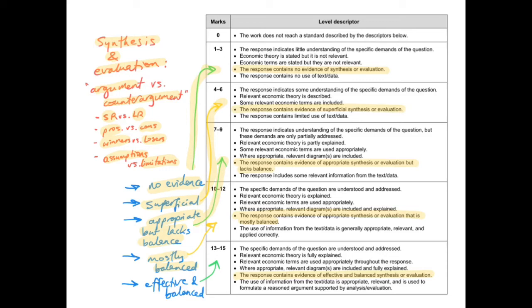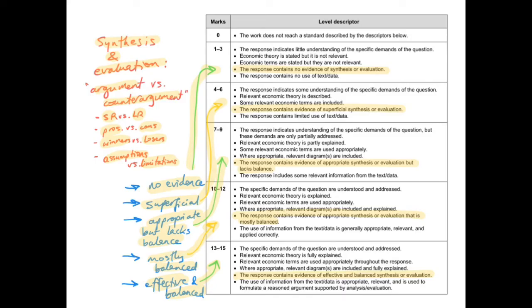If it's mostly balanced, the highest level you can access is level 4, between 10 to 12 marks. If your synthesis and evaluation is effective and balanced, you have fully effective evaluation that is completely balanced, this is what you need to access level 5. Therefore, to access level 5, make sure your synthesis and evaluation is effective and balanced.